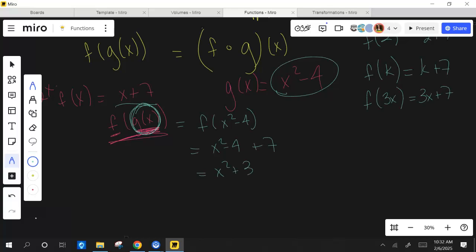I can do g of f of x. I can even do f of f of x. It doesn't matter, I can plug one function into the other. We're not setting equal to anything. We're just plugging in and simplifying. That's all composition is.